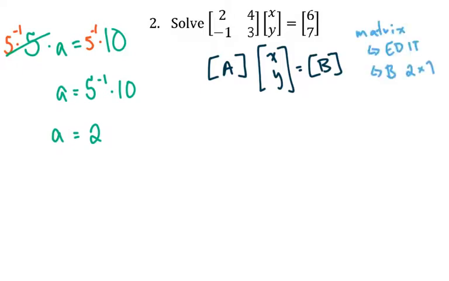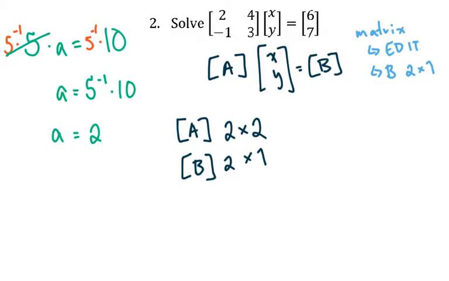Then what you'll do is go back to your blank screen, go to your matrix buttons again, and you should see that now you have an A that is the 2 by 2 matrix that we made, and B, which is the 2 by 1 matrix that you just made.